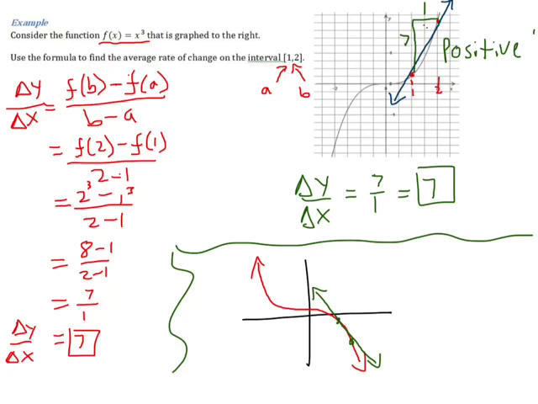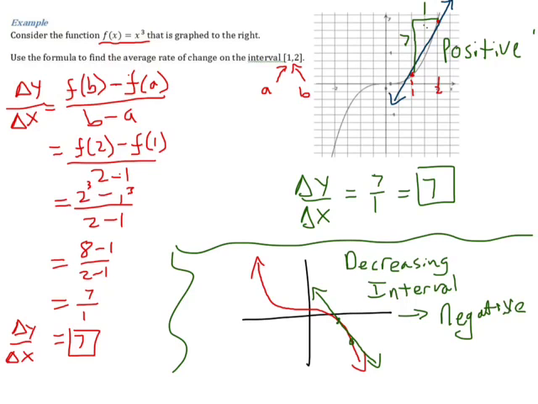If we're finding the slope on a decreasing interval, then we're going to have a negative rate of change. So a decreasing interval will give us a negative rate of change, and if it's increasing, we have a positive rate of change. All right, there you have it.